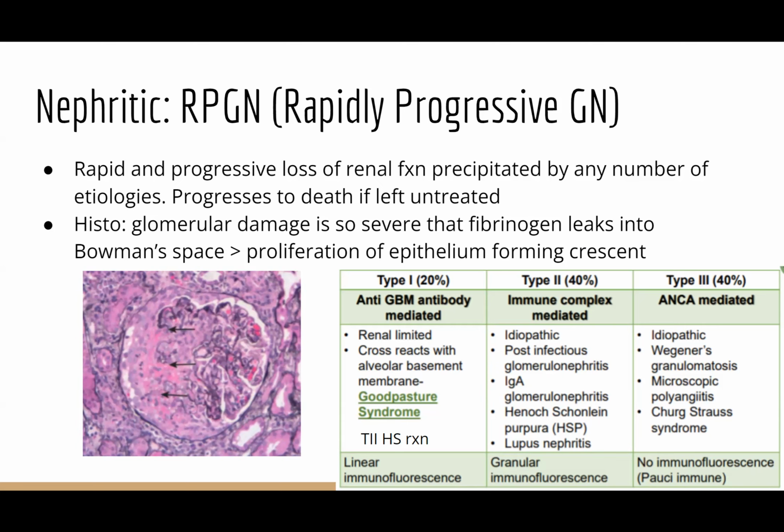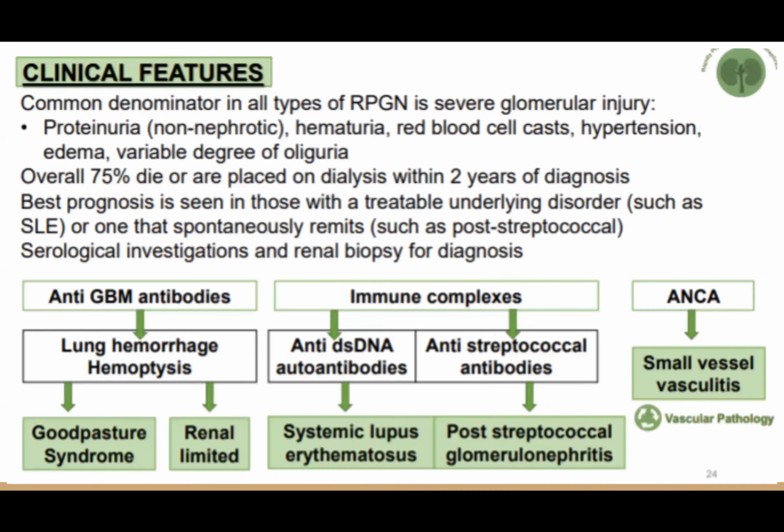This is coming full circle, because all of those small vessel vasculitides had presentations in the kidneys, because you're talking about the vasculature there. So Wegener's, microscopic polyangiitis, Churg-Strauss, these have no immunofluorescence, but they are ANCA mediated. That's very high yield, very important. Remember the different ANCAs that are associated with all the different small vessel vasculitides.